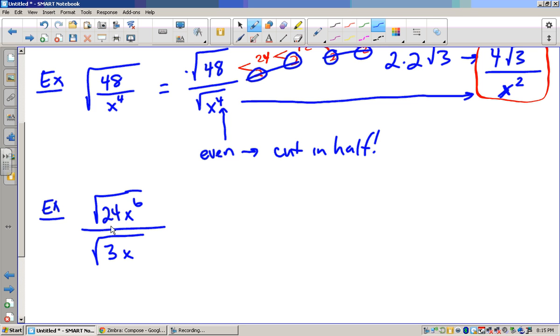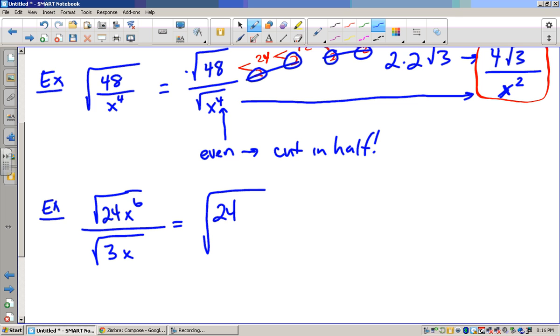Here, I have two different square roots. And if I think about it without the radicals there for a second, I have 24 over 3. That'll simplify. I also have x to the 6th over x. That will simplify. So let's make this into one fraction and see what happens.